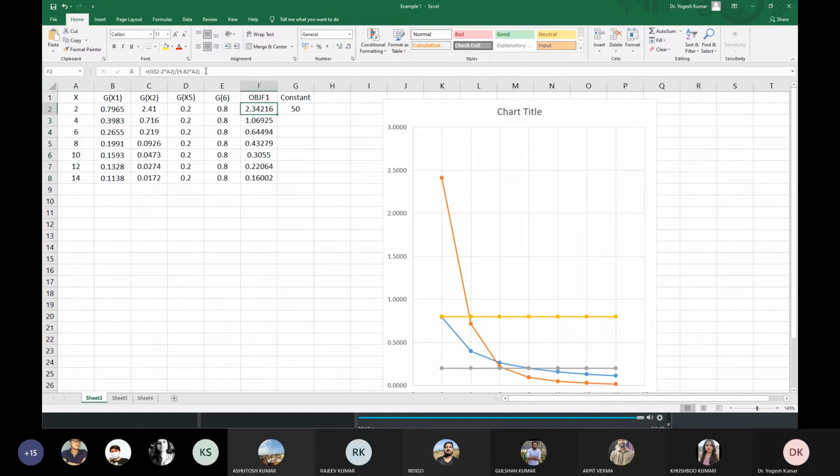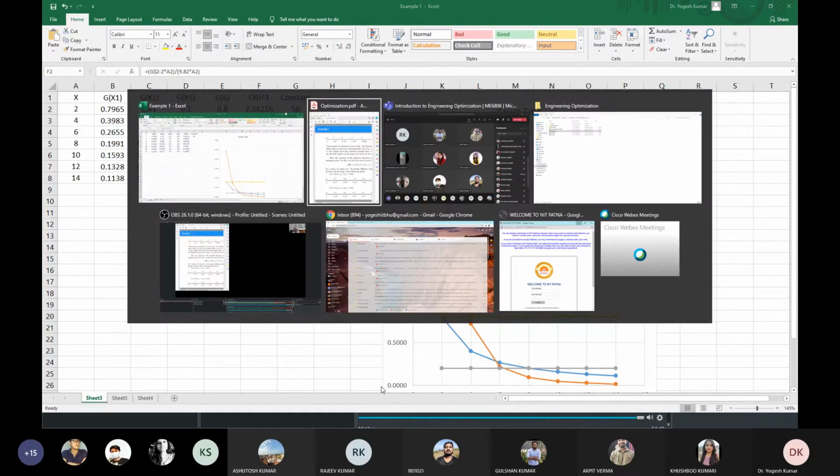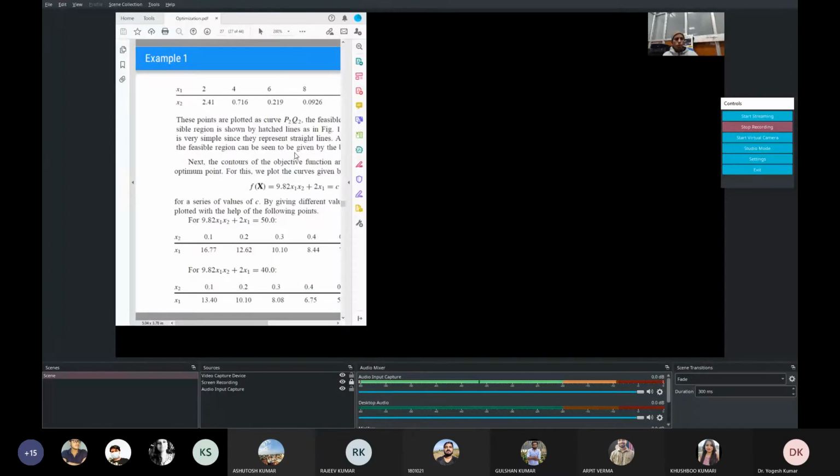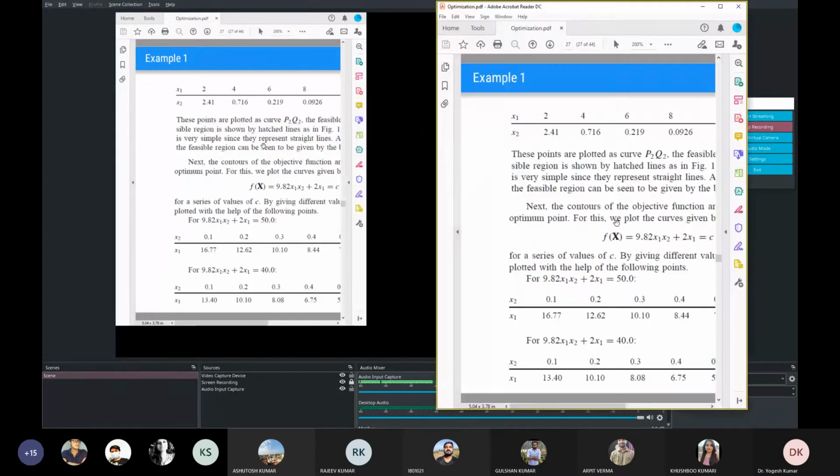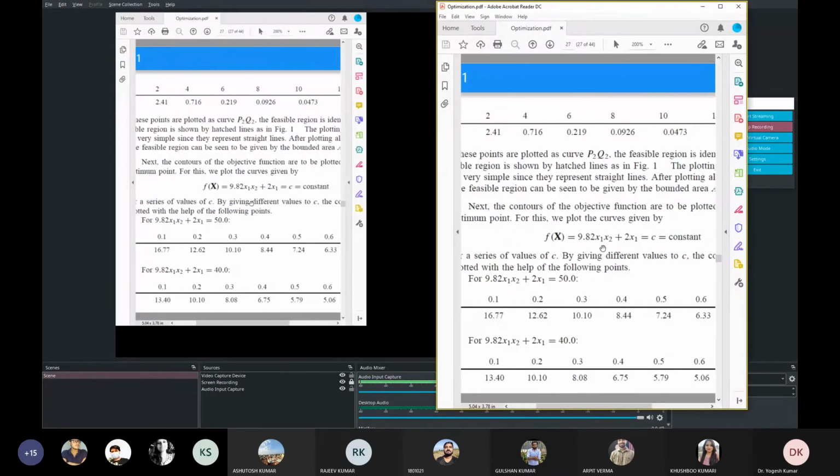Okay, so this way I have given a formula for calculating the corresponding values using your objective function.